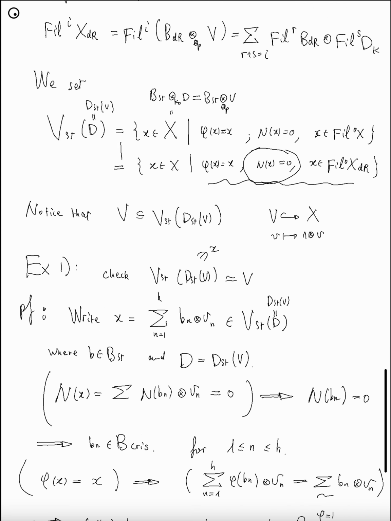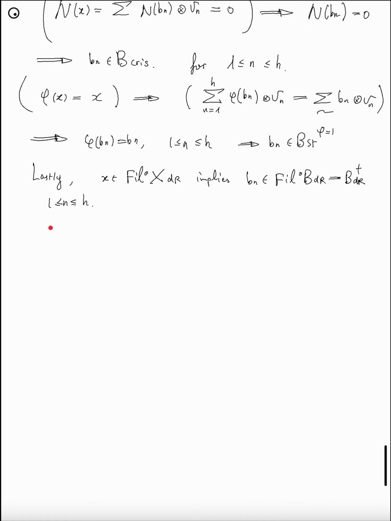So by the fundamental exact sequence, this implies that B_n is in B_dR with Fil^0 of decreasing filtration and Frobenius fixed field 0.